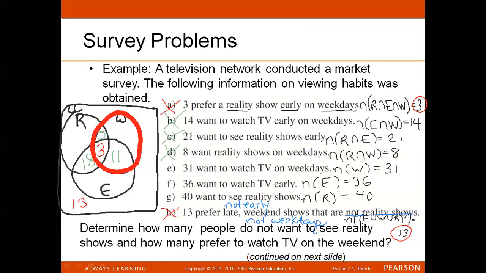So we have 31 minus 19, which is 12. We'll need 12 in this area remaining.